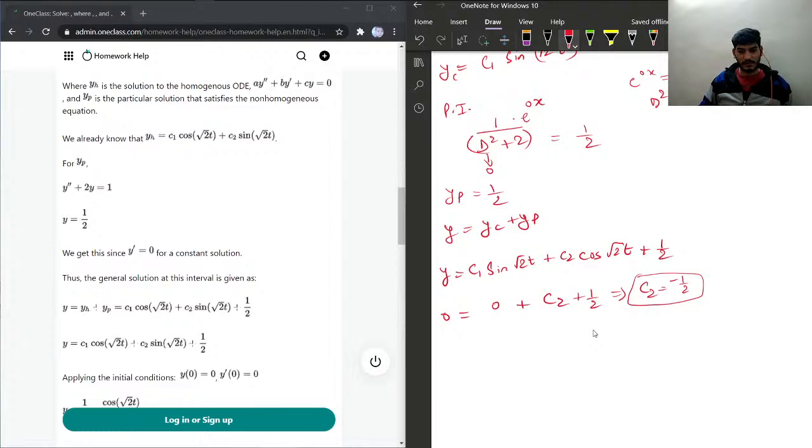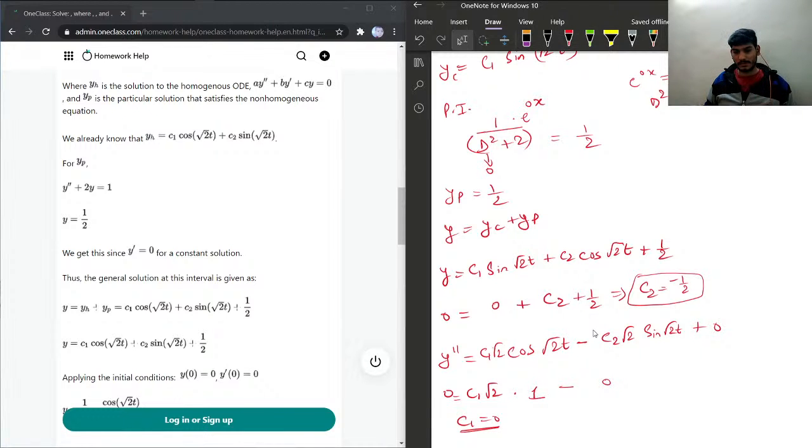We'll just take the derivative, and this will become cosine, c1 root 2 cosine root 2t, plus minus c2 root 2 sine root 2t, and for t as 0, cosine of 0 will be 1, minus sine of 0 will be 0, and this is c1 root 2 times 1, so c1 will be 0.